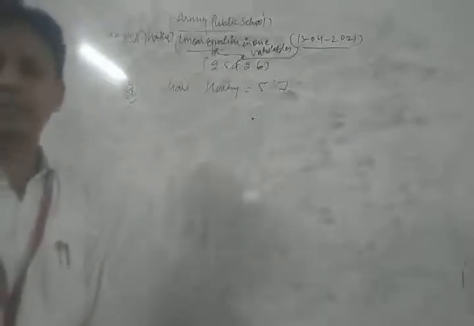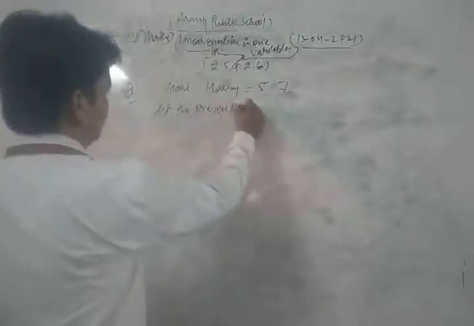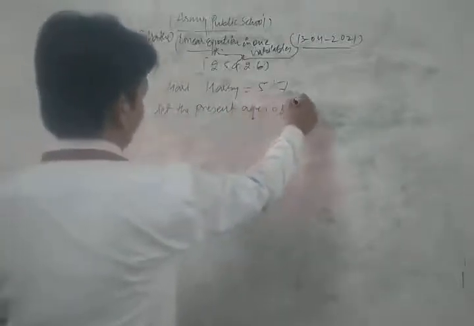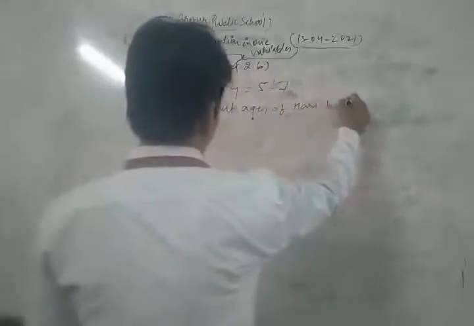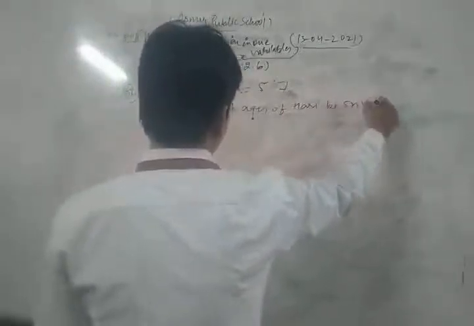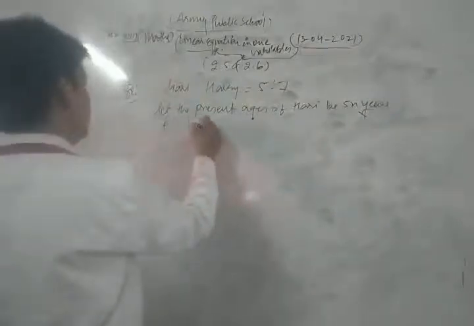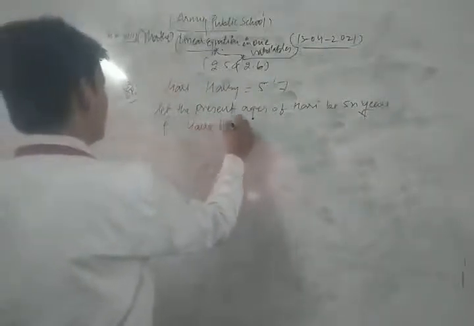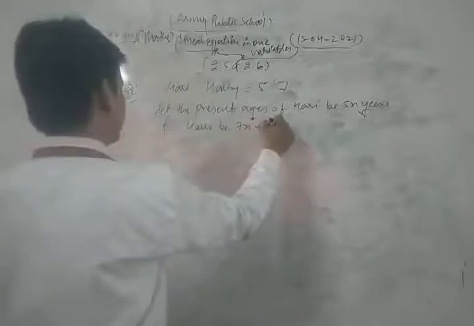So 4 years from now, the ratio of their ages will be 3:4. Find their present ages. So let the present ages of Harry be 5x years and Harry be 7x years.